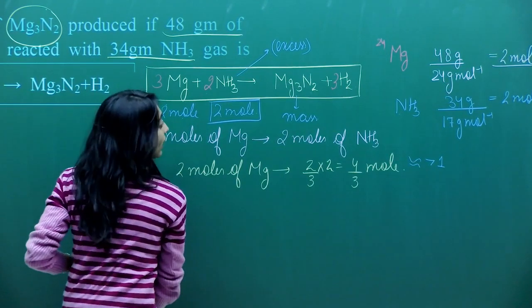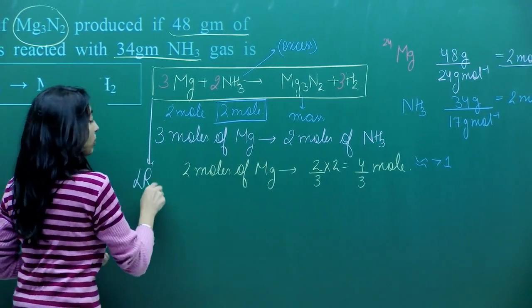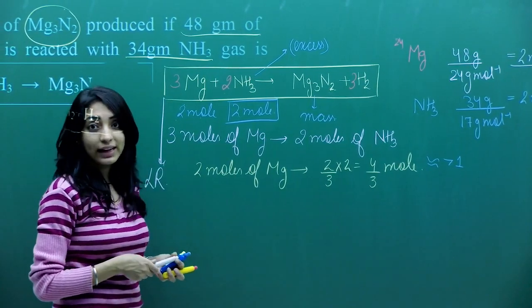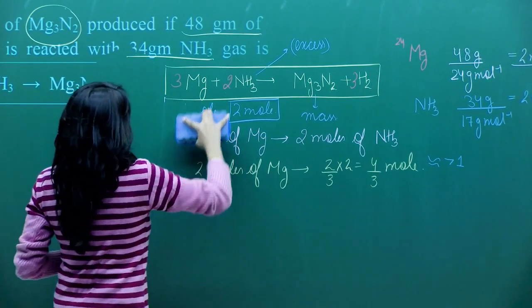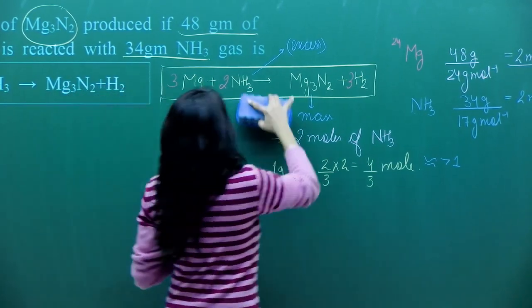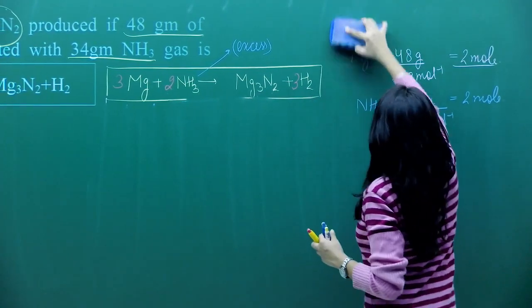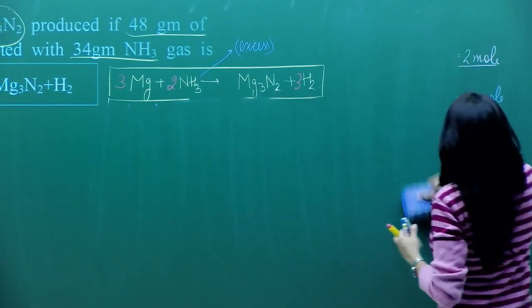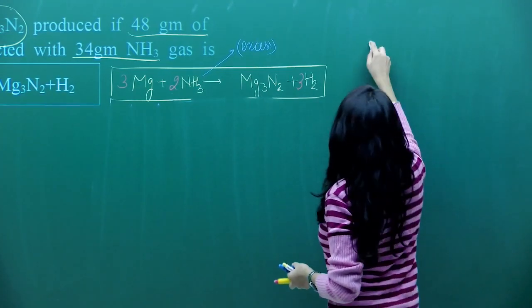So if ammonia is given to us in excess, so now can I say that magnesium is going to be the limiting reagent, right? And if magnesium will be the limiting reagent, can I simply change out everything?